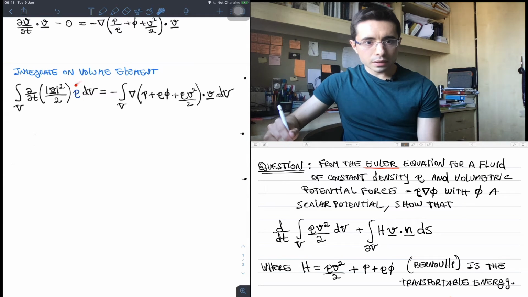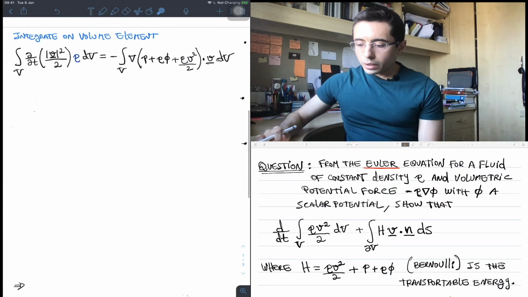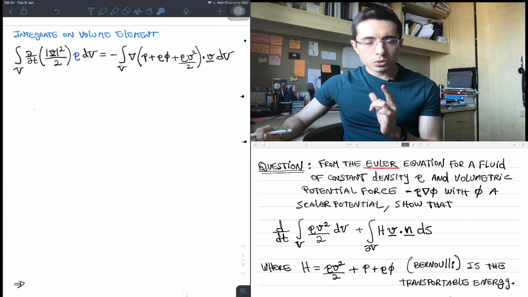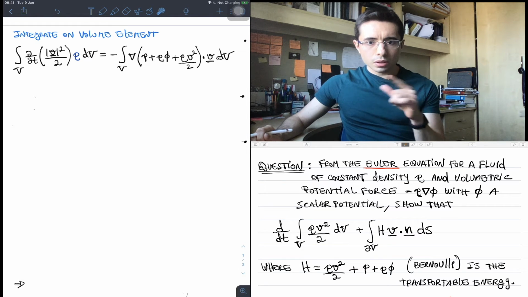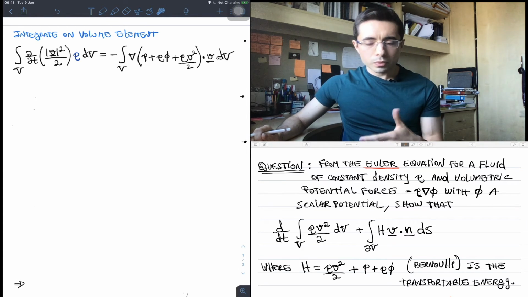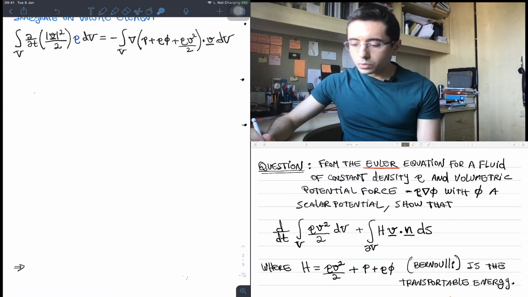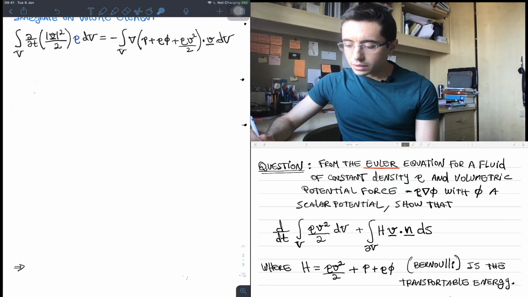Now we are closer to what the question is asking, because now we just need to change the V integration to the boundary of V, or the superficial area, so an element of area. And then we know that we can do that quite easily.